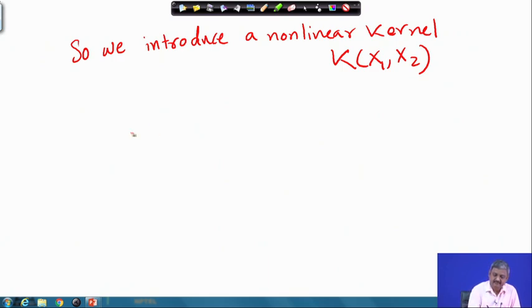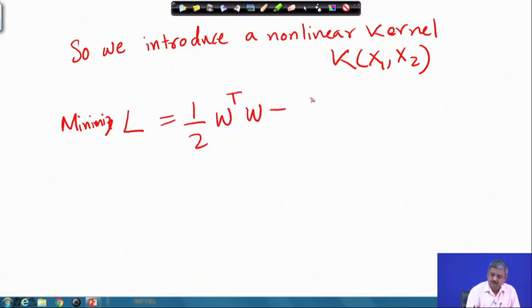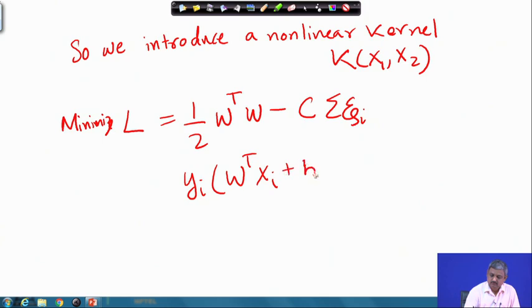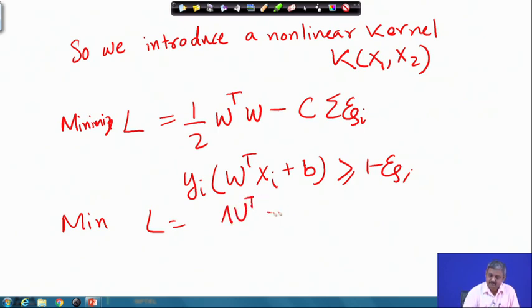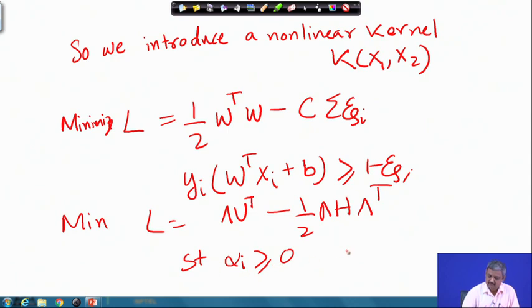So, if you remember what we did, the dual form was, if you remember again, minimize, we took a vector of alphas minus, if you remember, we used a Hessian matrix H and C. So, what was the Hessian matrix?